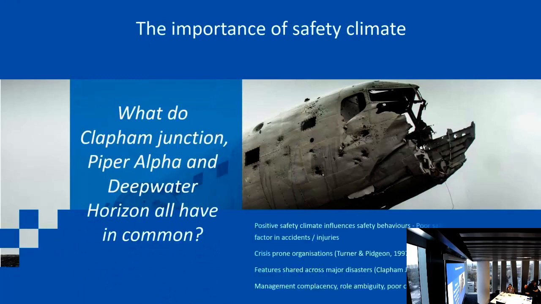The reason it's so important to consider safety climate is that if we look at all of the major incidents such as Clapham Junction, which was a rail crash, Piper Alpha, and Deepwater Horizon offshore, in each case these were designated crisis-prone organisations, which meant that they had poor safety climate. They had poor levels of commitment to safety, management complacency, and poor communication between and across teams.